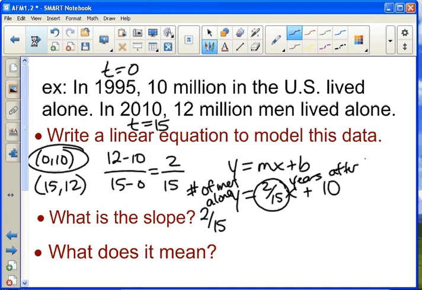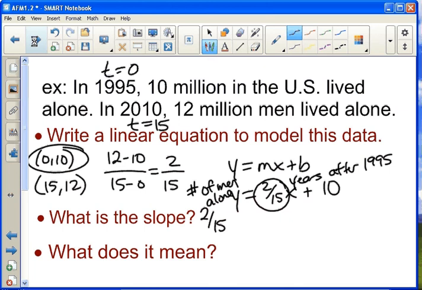So again, the meaning of slope is the amount of y that changes, or the change in y per x. So in this case, it's the change in the number of men who live alone per year.